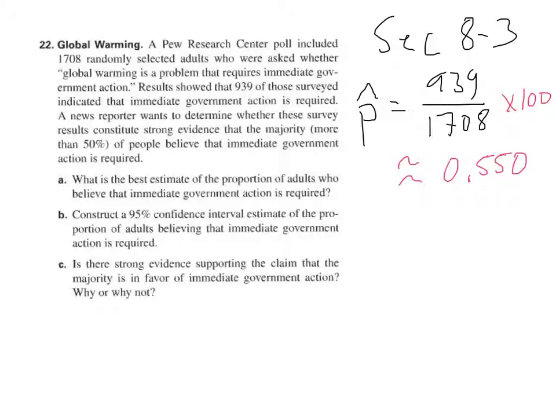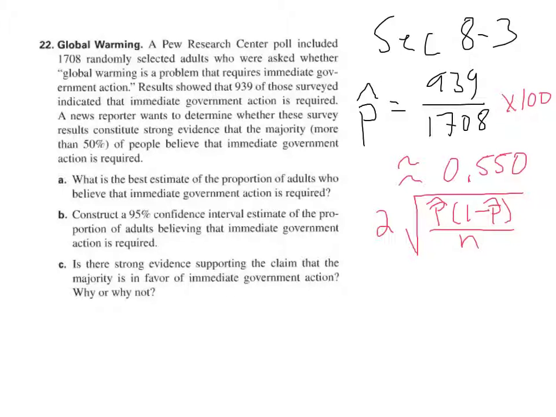To do the margin of error, we do 2 times the standard deviation, and because this is a proportion, that's 2 times the square root of p hat times 1 minus p hat over n.